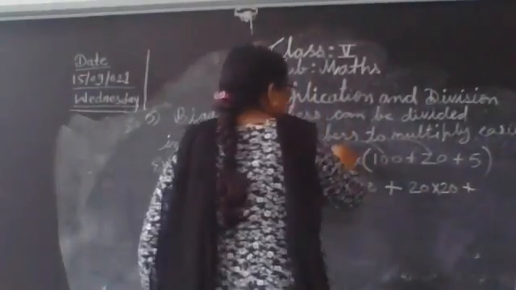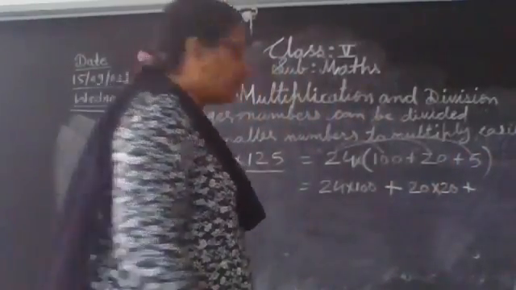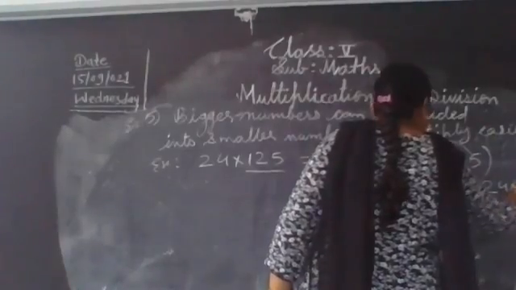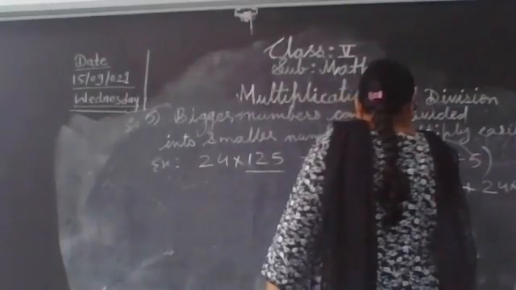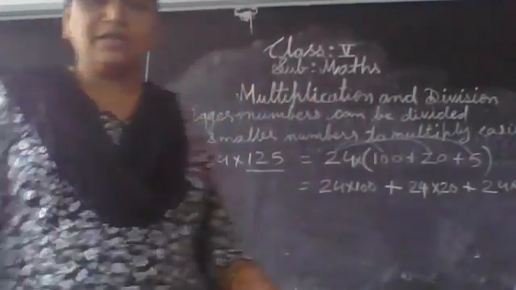Then multiply or distribute this 24 with this 5. Now multiply each term and then add.